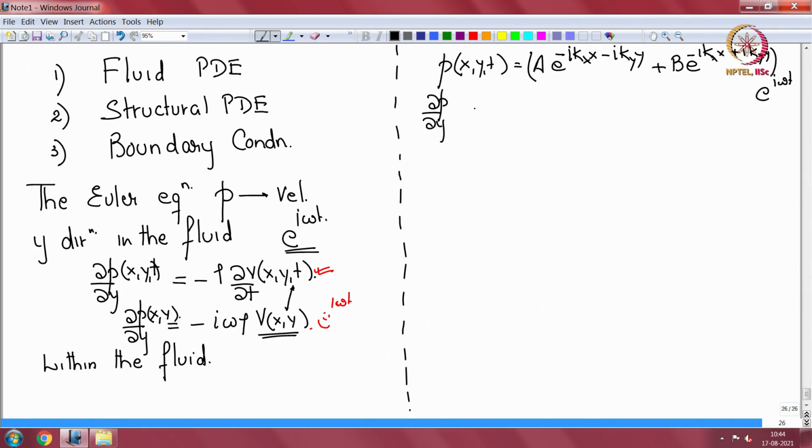That is equal to minus I k y A e to the power minus I k x x minus I k y y plus I k y B e to the power of minus I k x x plus I k y y, and the time term.